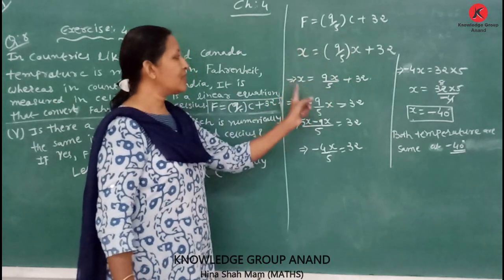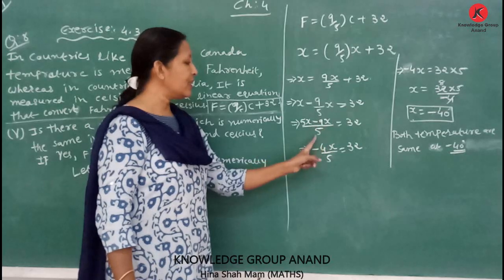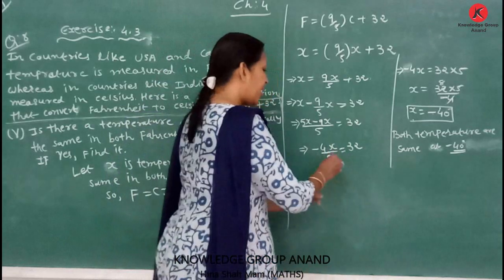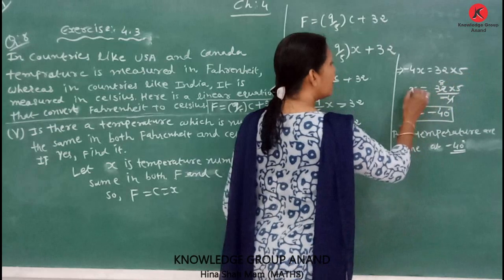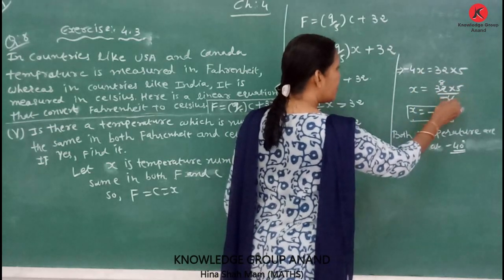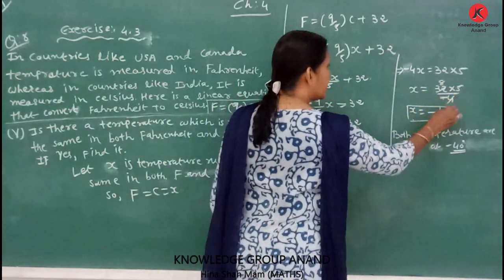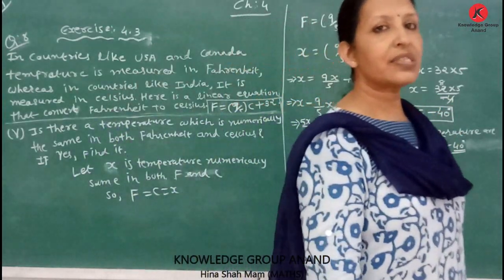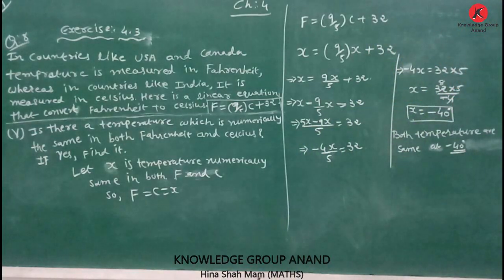Simplifying the X terms, 5 is the LCM: 5X minus 9X upon 5, minus 4X upon 5, is equal to 32. 5 goes to multiplication: minus 4X is equal to 32 into 5. X is equal to 32 into 5 upon minus 4. 8 fives are 40, so minus 40 degrees and minus 40 degrees. Both temperatures are the same. Our Exercise 4.3 is completed.